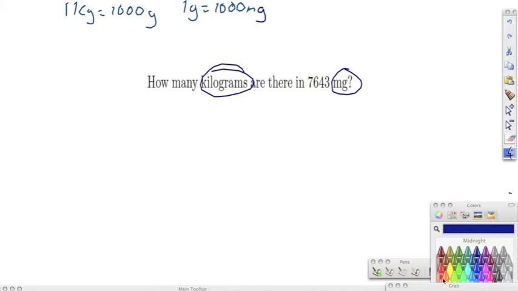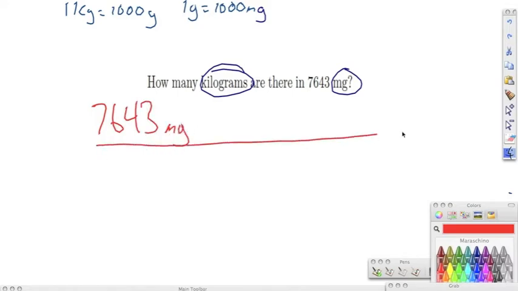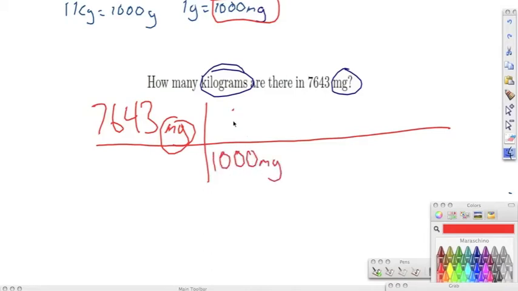When we set it up, we always start with what the problem gives us. It gives us 7,643 milligrams, and we set up our boxes. Remember, whatever's on top has got to go on bottom. So this is the one that says milligrams, so we put that on the bottom. 1,000 milligrams equals 1 gram.